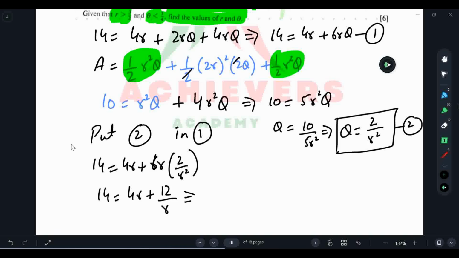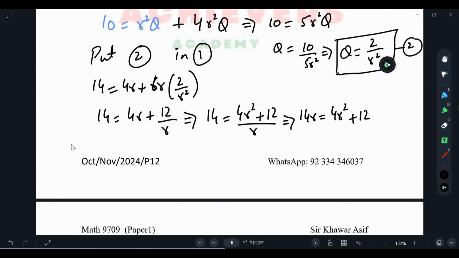We can simplify it by taking the LCM, r, so 14r is equal to 4r² plus 12. Now if we rearrange it, this will be 4r² minus 14r plus 12 is equal to 0.